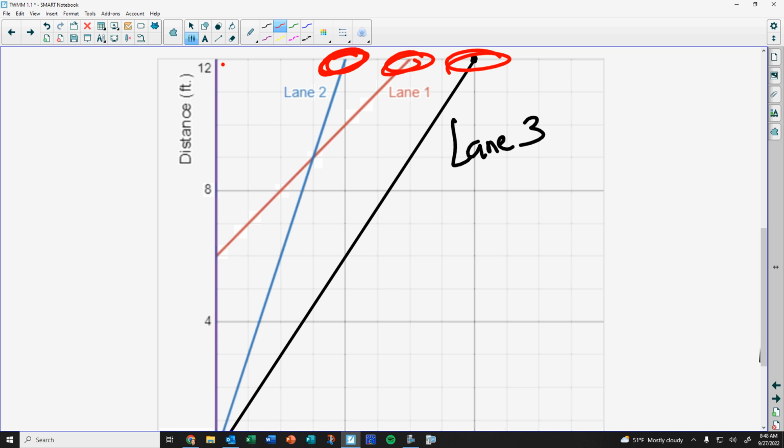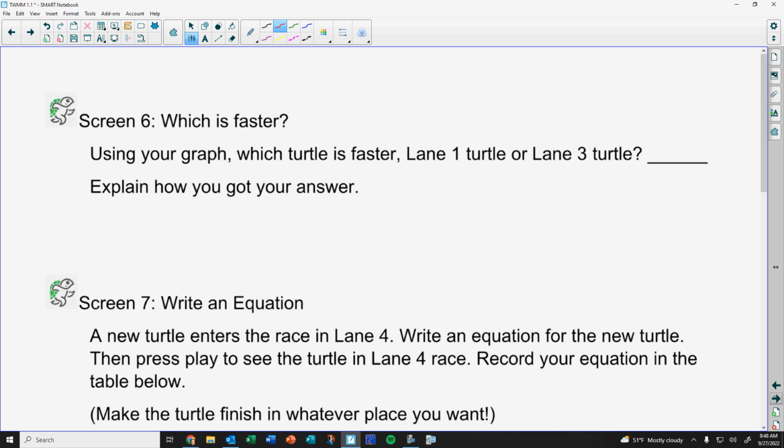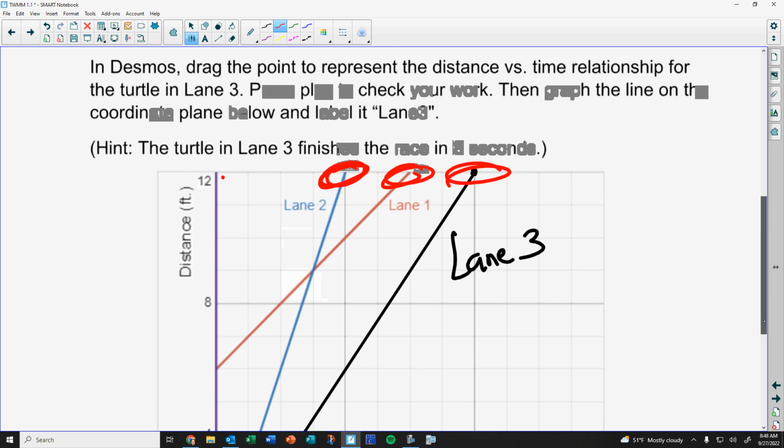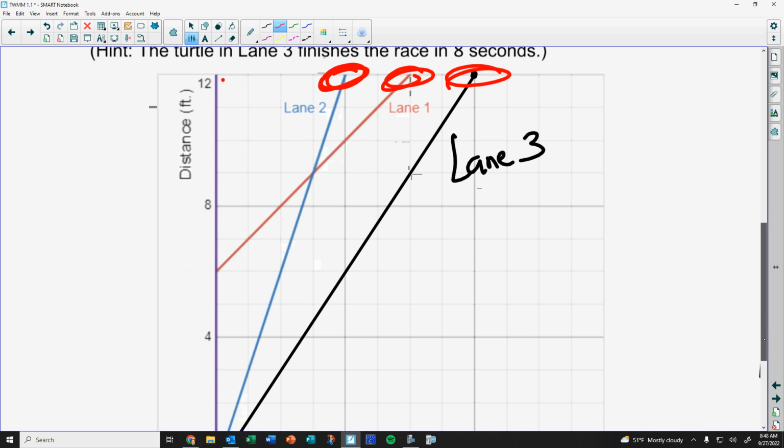You can see how those lines go up. Okay. So who was faster, lane 1 or lane 3?